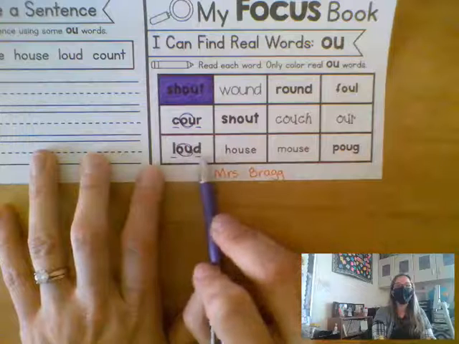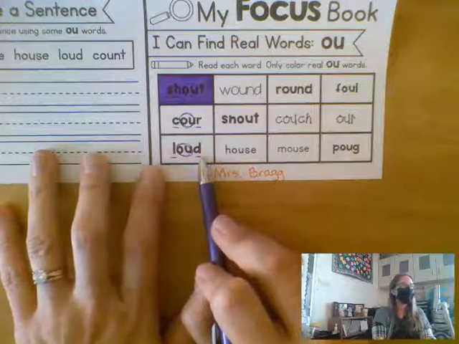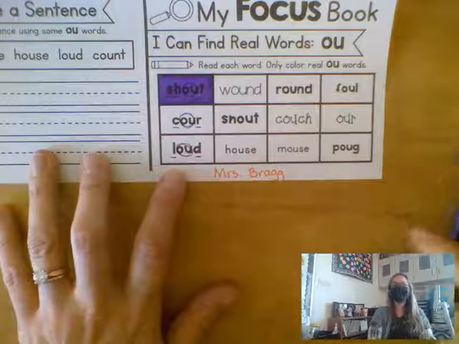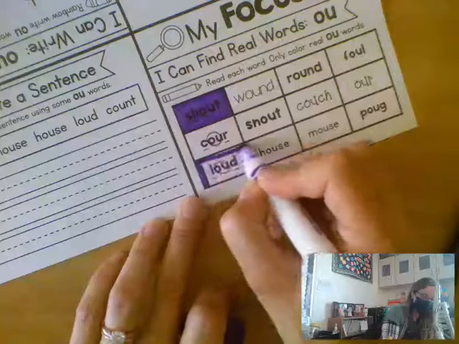O, owd, loud. So what word do I have here, Beckett? Loud. Boys and girls, is loud a real word? Yes, and in this case it is spelled correctly. So I'm going to color the word loud.